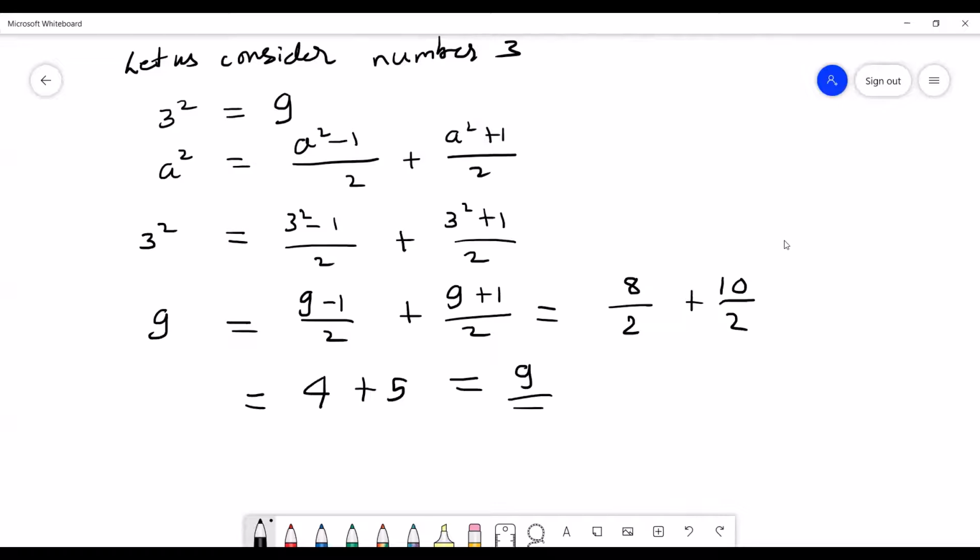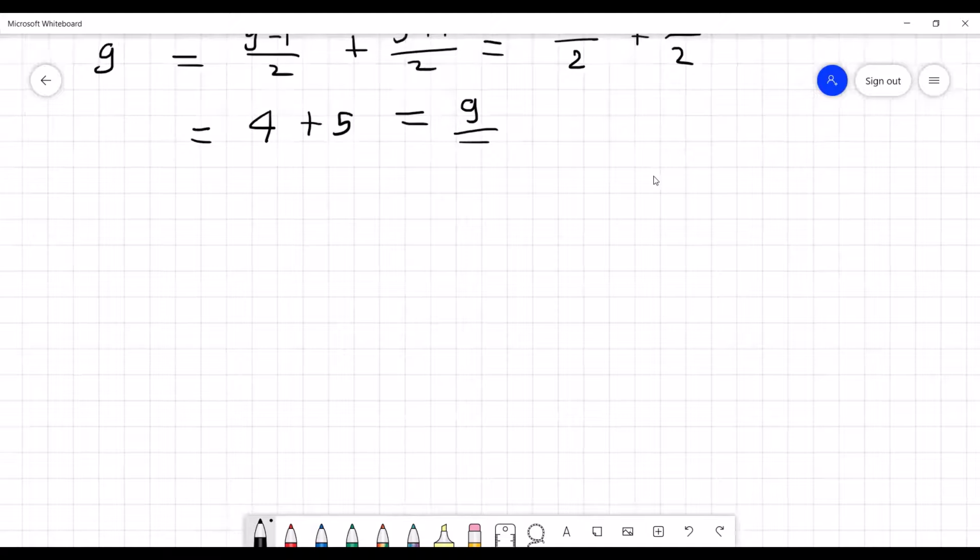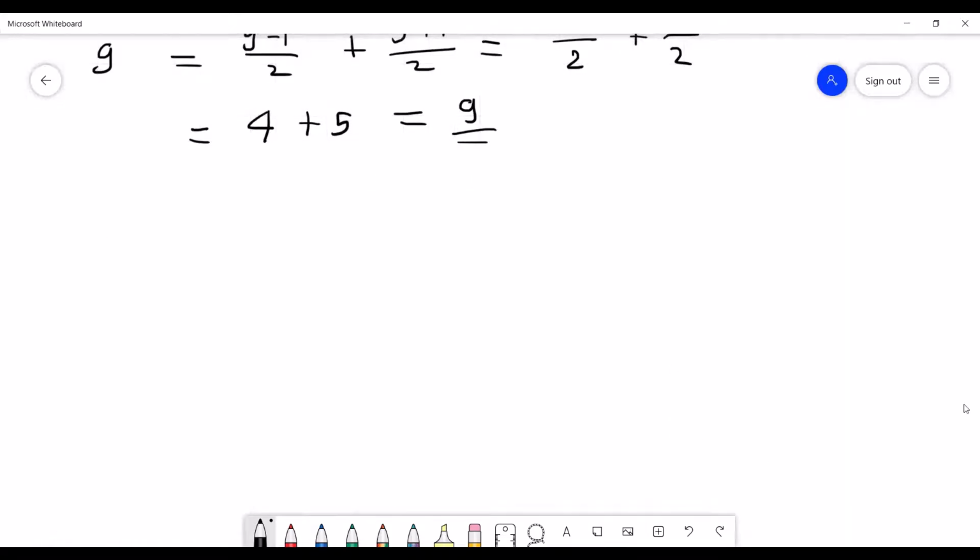Then we will consider one more number also. Why should we satisfy with one number only? We will take one more number. Now I am considering the number 9. So here a square is representing 9 square, which is equal to (9 square minus 1) divided by 2 plus (9 square plus 1) divided by 2.